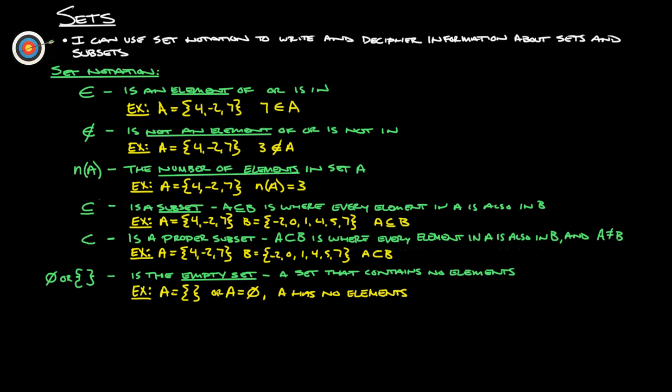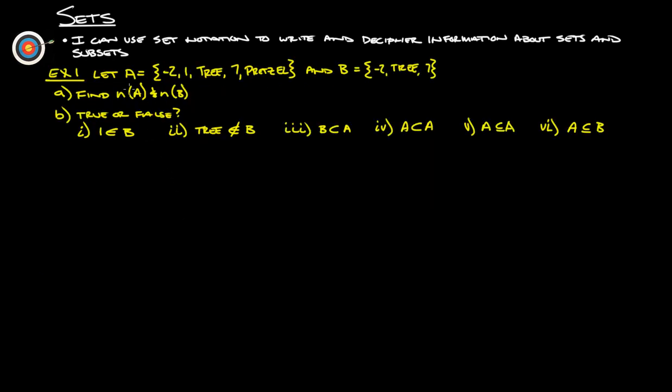Okay, let's take a look at an example, and then away we go. Example 1. Let A equal -2, 1, tree, 7, and pretzel, and B is -2, tree, and 7. For part A, find N of A and N of B. N, if you remember, is the number of elements in.